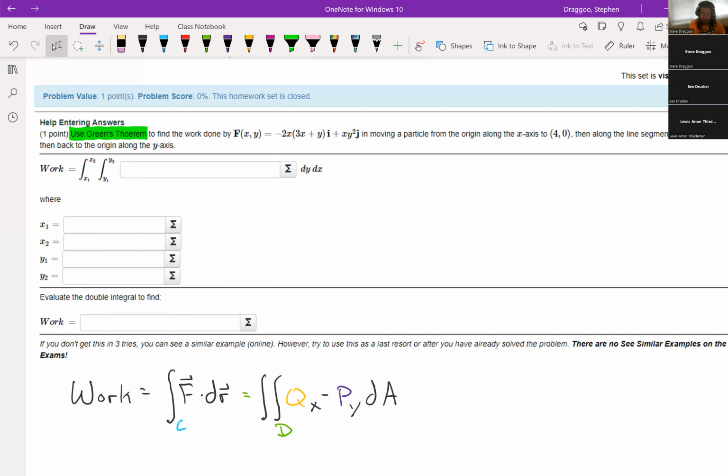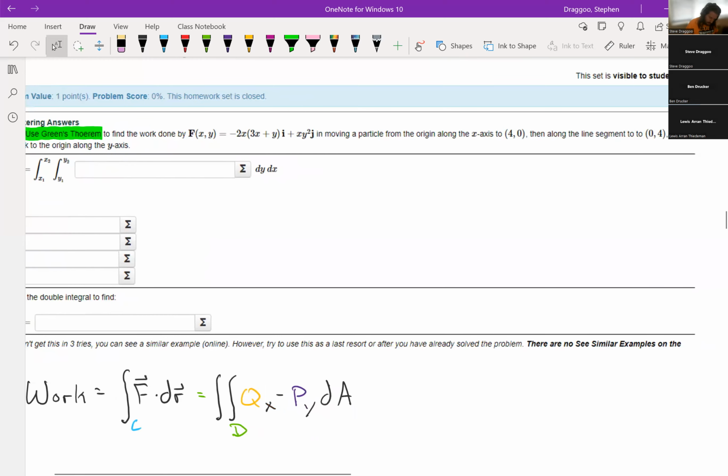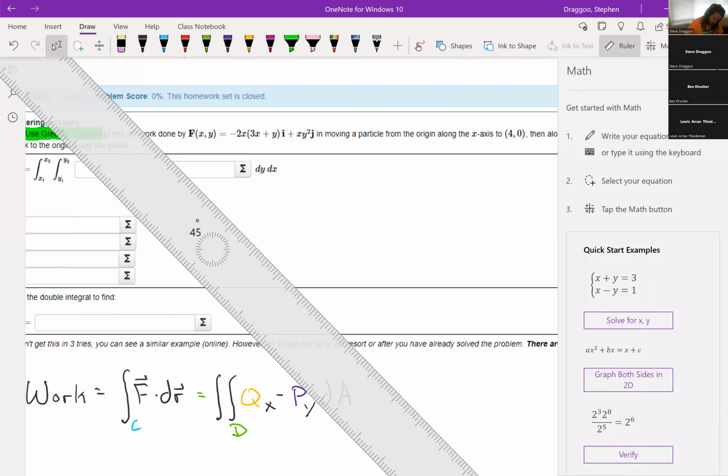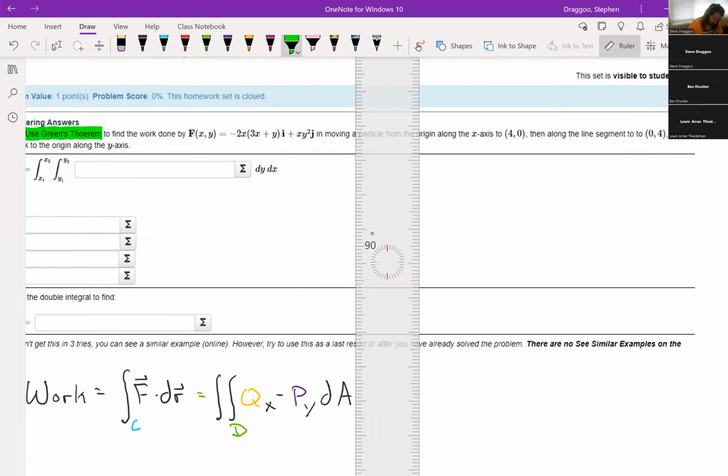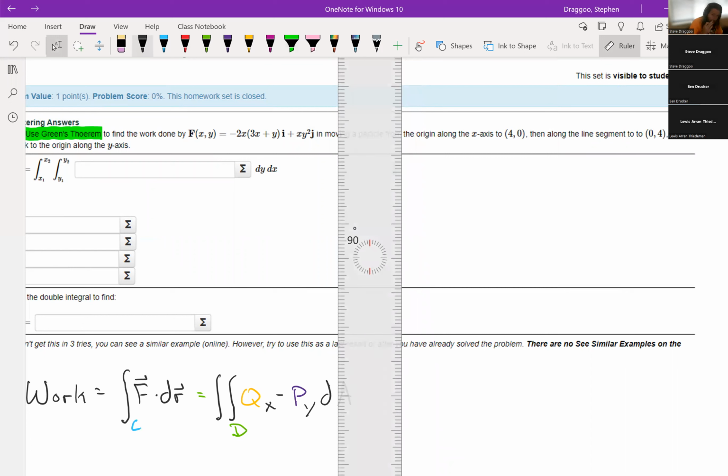So if I wanted to put together what it was that I was doing here, because that will be a bit important to us, we're going from the origin to (4, 0), along the line segment that goes up to (0, 4), and then back to the origin. So if I were to draw that in, I'll need some coordinate axes.